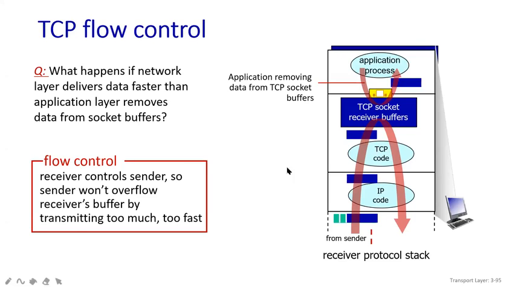If the transmission rate is too fast, we may lose our data packets, or we may have congestion. So we need to avoid all these things. Who will help us avoid this? The receiver will help us avoid such situations.